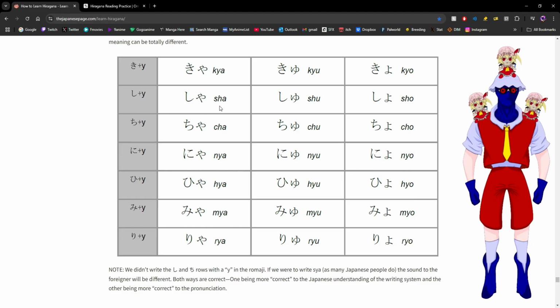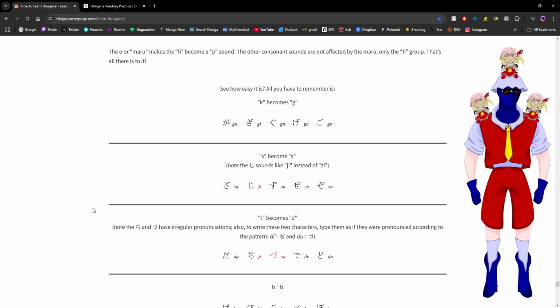Meaning, SH, you're gonna remove the Y in order to keep the A. To keep it 3 letters. This is a very scuffed way to remember it, but it works. The K doesn't have any other letter with it, so you're gonna have to use the Y. Kya. You don't say shia or chia. CH, SH, they're 2 letters. So you're gonna basically remove the Y.